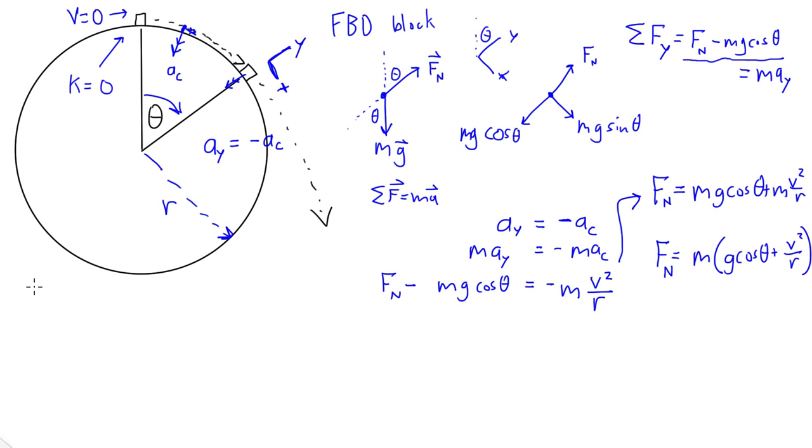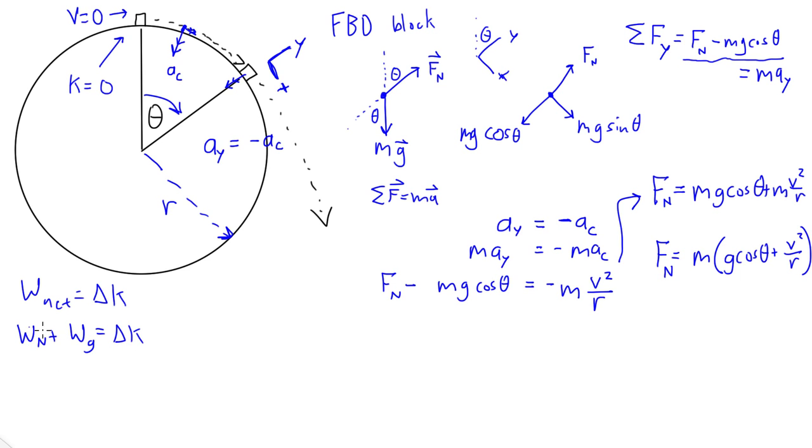We could go through the whole thing where we say net work is change in kinetic energy, and net work is work done by the normal force plus work done by gravity. Okay, look, I am doing the whole thing.